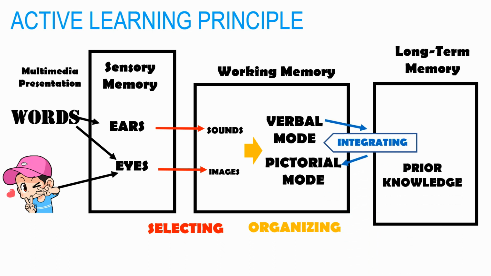In addition, the active processing assumption asserts that humans don't learn by just passively observing information. Instead, they need to engage in active cognitive processes, namely identifying and selecting relevant material, organizing it into visual and or verbal models, and integrating those new models with prior knowledge.